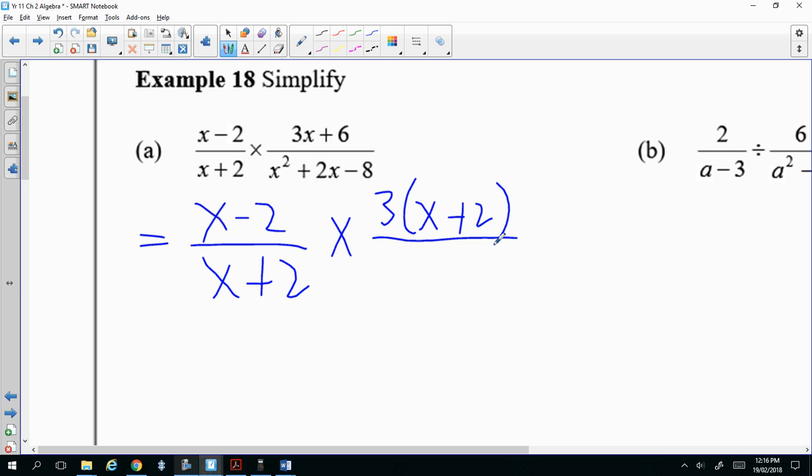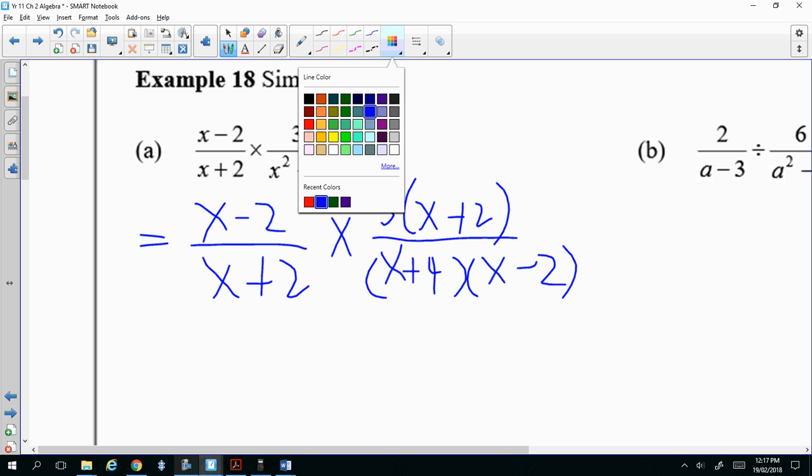The bottom is a trinomial, so find numbers which multiply to get negative 8 and add to get 2. That will be x plus 4, x minus 2, isn't it? So you factorize everything. Once we factorize everything, we can cancel.